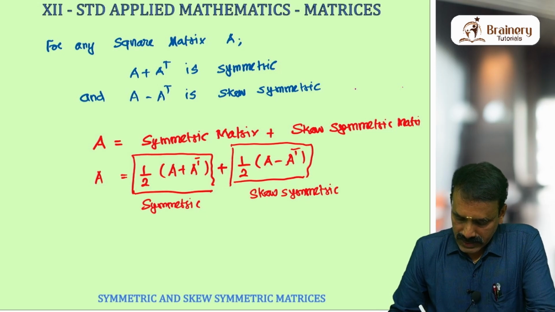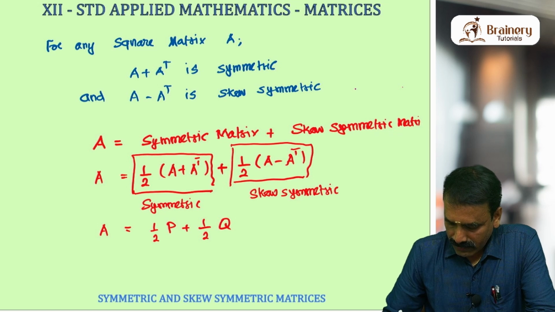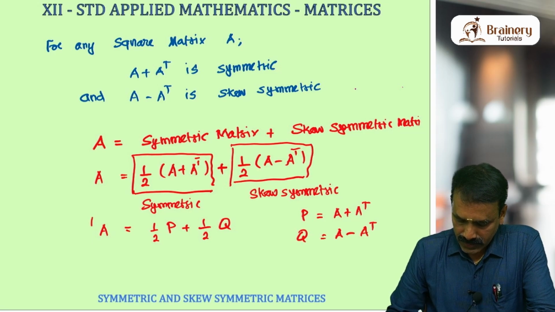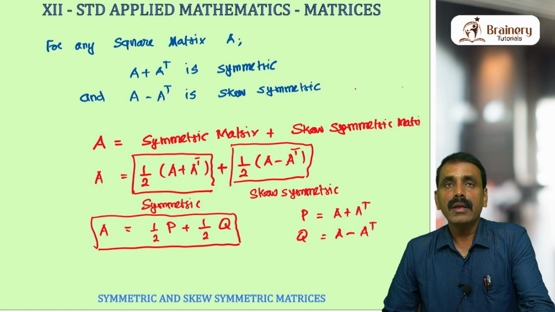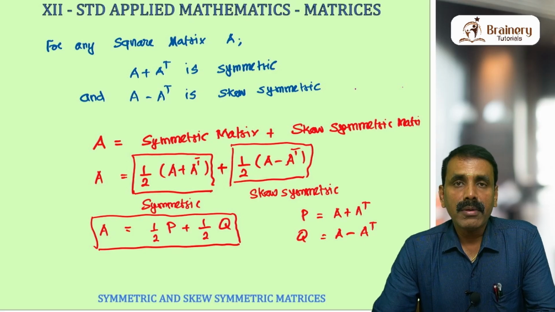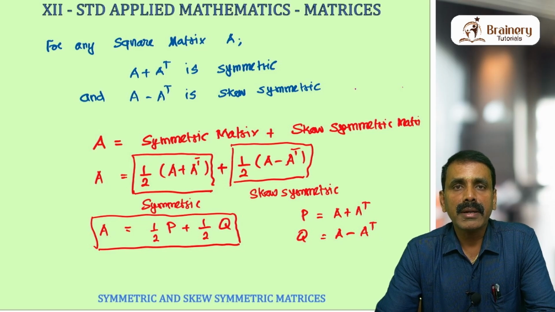We do this by writing A is equal to 1 by 2 times P plus 1 by 2 times Q, where P is equal to A plus A transpose and Q is A minus A transpose. Here P will be a symmetric matrix and Q will be a skew symmetric matrix.